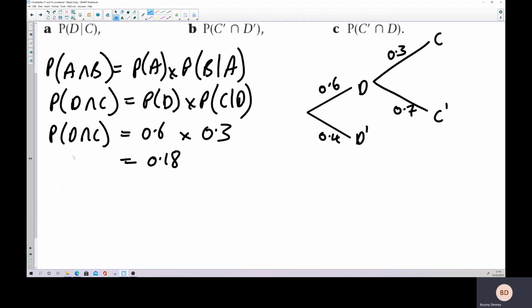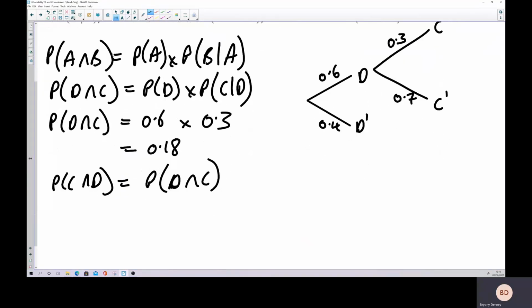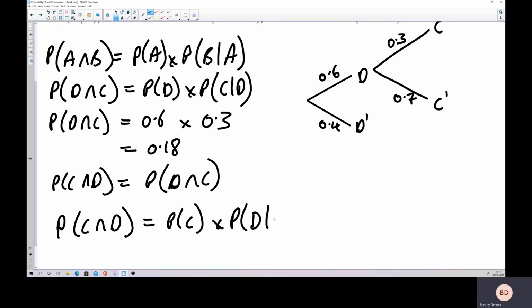Now, you should be aware that the probability of C and D is just the same thing as the probability of D and C. Okay, so they are exactly the same. It's the same intersection either way you say it. So that allows us to work out the first bit here, the probability of D given C. Okay, so I've just swapped these letters around here from this one, swapped C for D and so on.